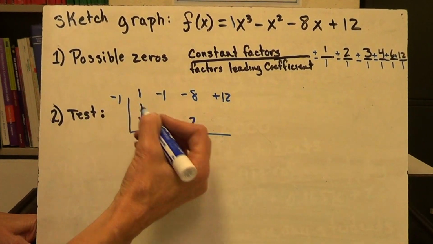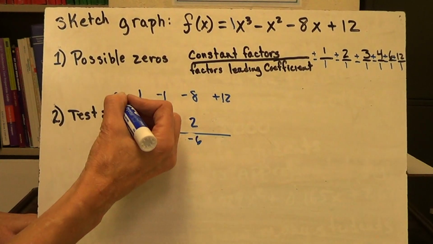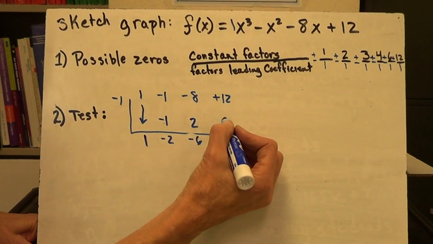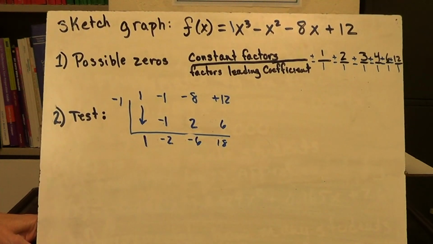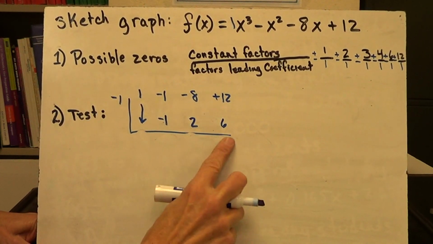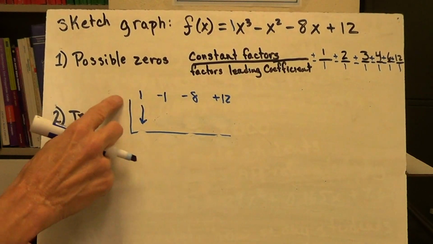Negative 8 plus 2 is negative 6. Negative 1 times negative 6 is positive 6. And we have 18, so that's not a factor. Hope I haven't made a mistake, because usually a 1 works. If you caught a mistake, you know I'm coming back to it here in a minute. So now I go on to 2.